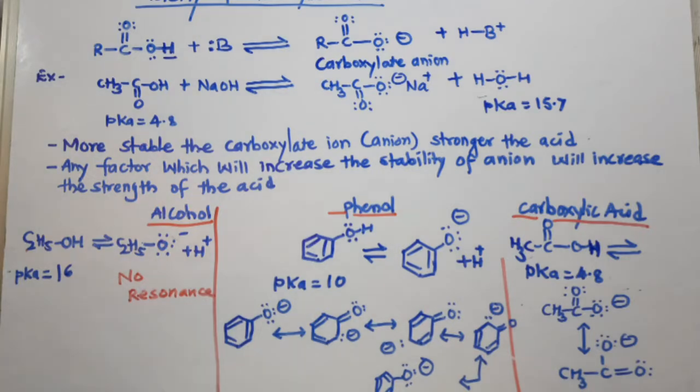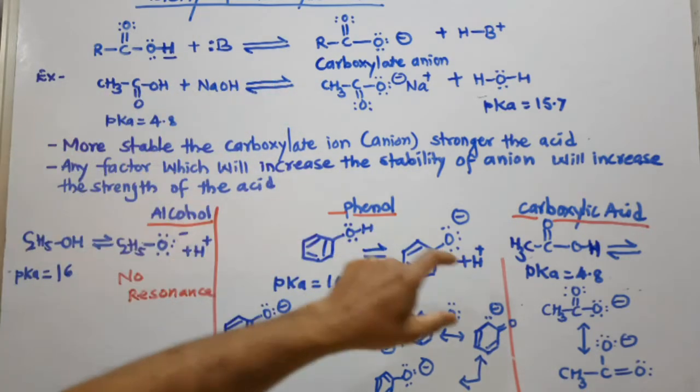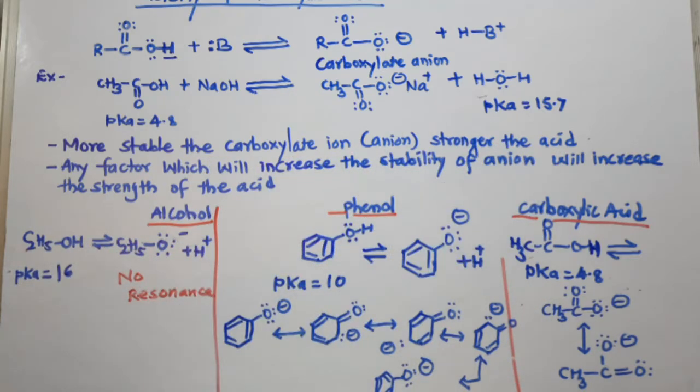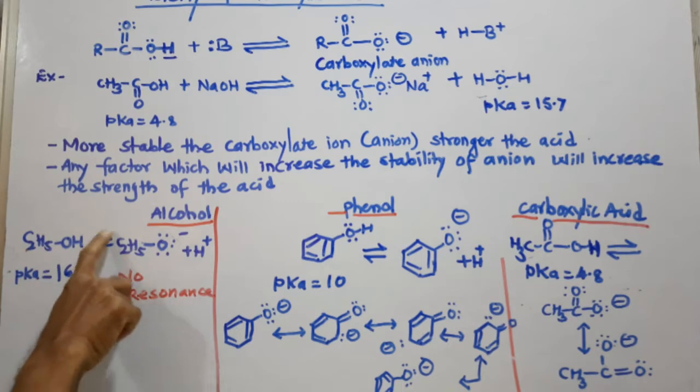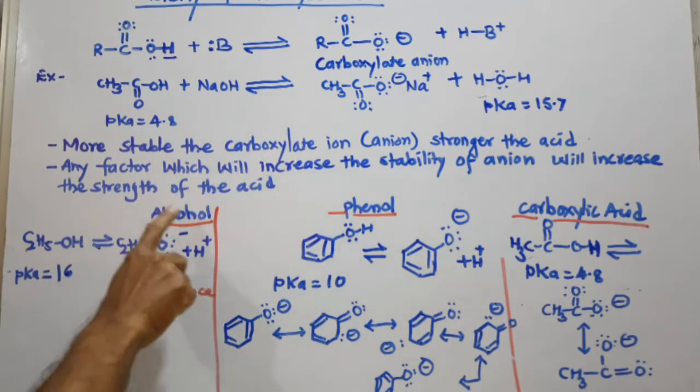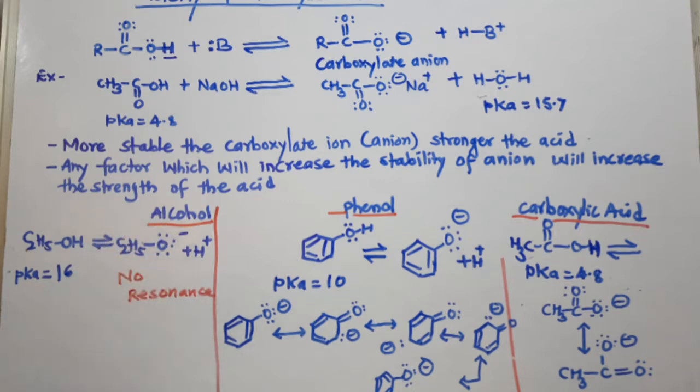Now to justify this, I have taken three examples. One is alcohol, another is phenol, and another is carboxylic acid, which is a part of our discussion. When we consider alcohol as an acid, we can write this kind of reaction. It will give its proton and form this anion. Although it is not called carboxylate anion, you can call it an anion.